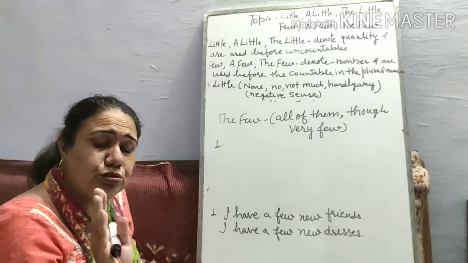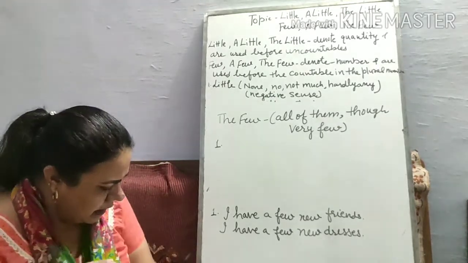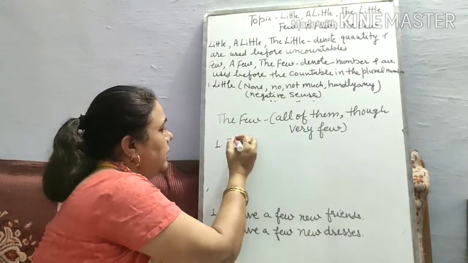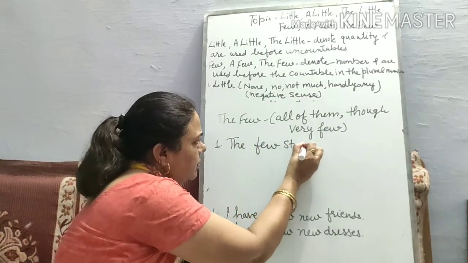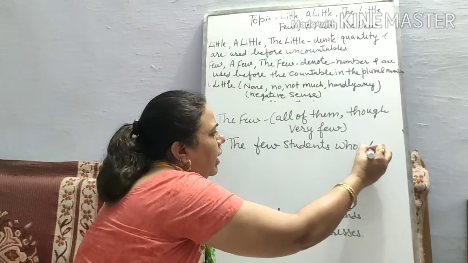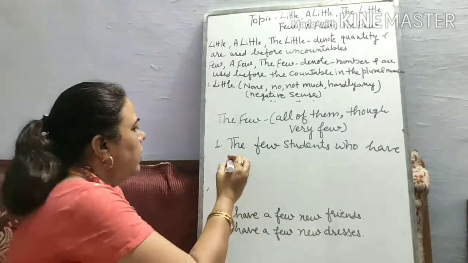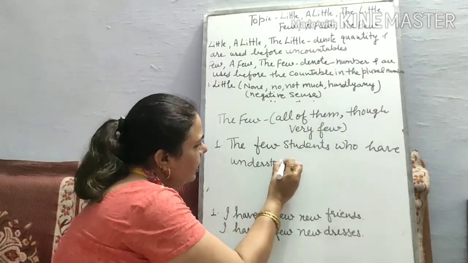For example, number 1: the few students who have understood my chapter, explain it. The few students means the number is very less, maybe 1, 2, 3 who have understood my chapter.